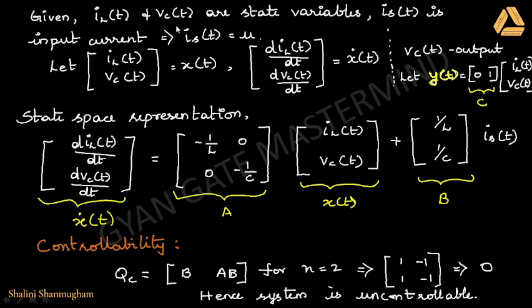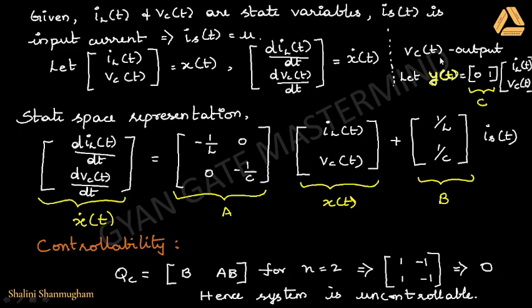Given IL of t and VC of t are state variables, and Is of t is the input current, I am assuming Is of t equal to U, and x of t to be the state vector. So x dot of t is the differentiation of the state vector, that is dIL of t by dt, and the second element is dVC of t by dt.